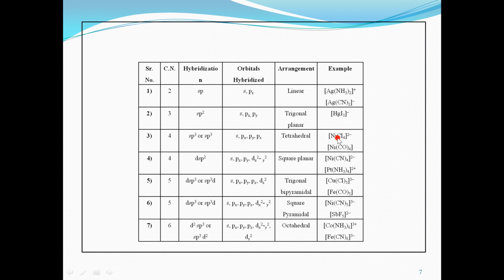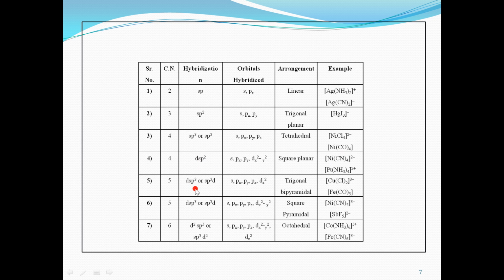Here the central metal atom is nickel and here it is also nickel, but the nature of the ligand is quite different: chloro ligand here and cyano ligand here. Hence this has a strong type of ligand, hence dsp2 hybridization.